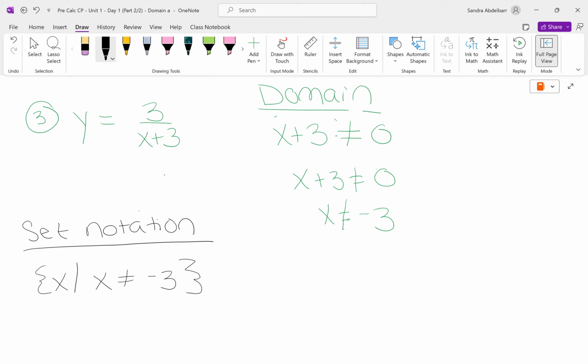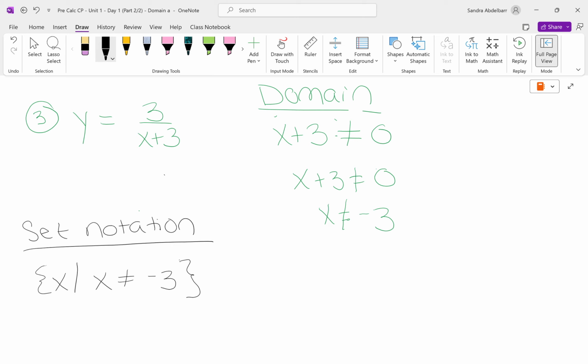The interval notation's a little bit more complicated. So for interval notation, we know we just can't equal -3. Can it equal every other number except for -3?